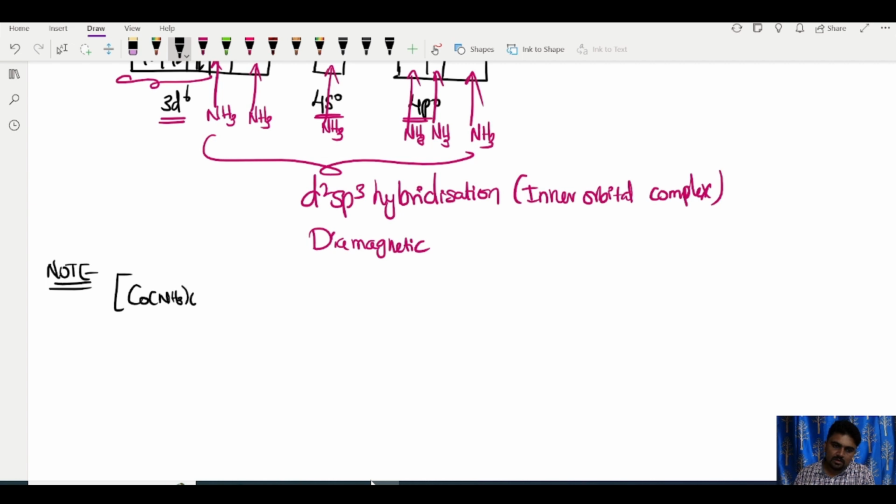hexaamminecobalt(III) have. What all does it have?